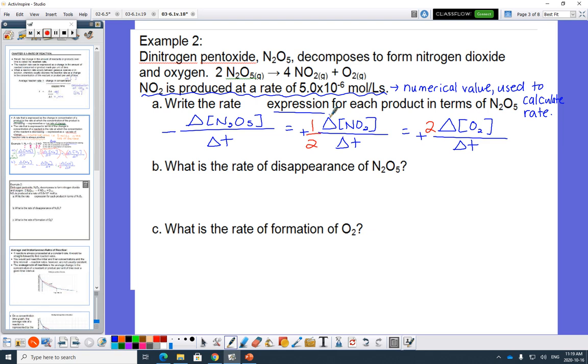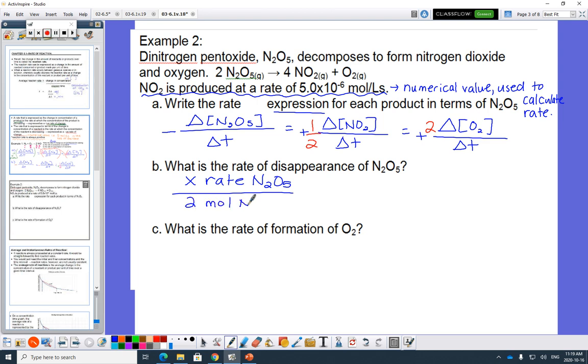So we are looking for the rate of disappearance of N2O5. So I'm going to call that X. So instead of kilojoules, we're going to use rate, this unit. What goes in the bottom? If we're doing N2O5, what do you think goes in the bottom? Yeah.